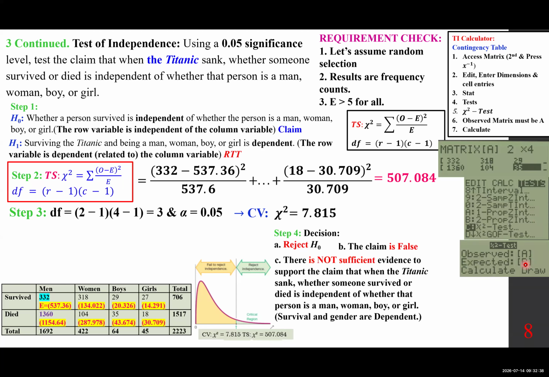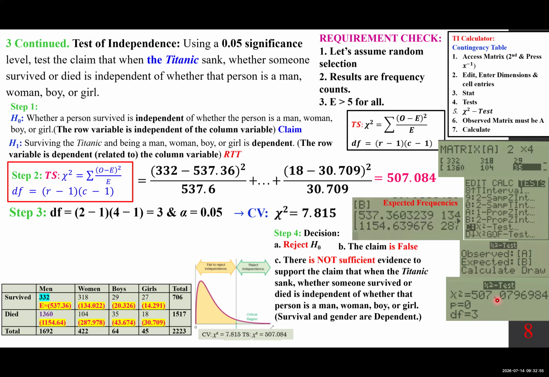In other words, remember the highlighted numbers, the E, the expected values, that we did by hand? They will be calculated and put in matrix B. So the chi-squared test gives us this and B. Notice again, the B matrix is your expected value, so the expected values will be done for you.